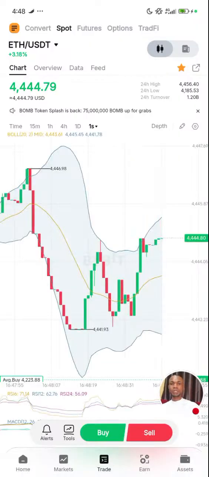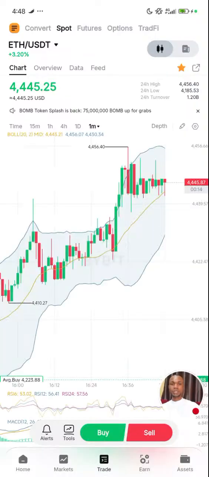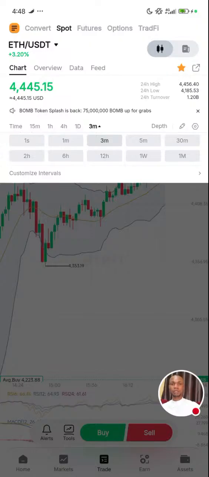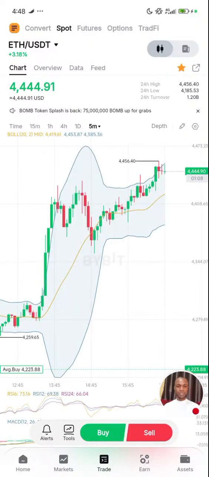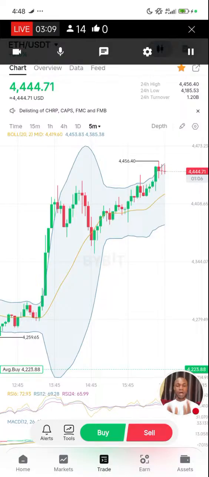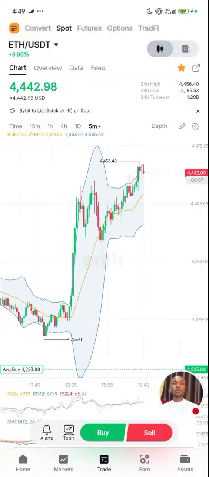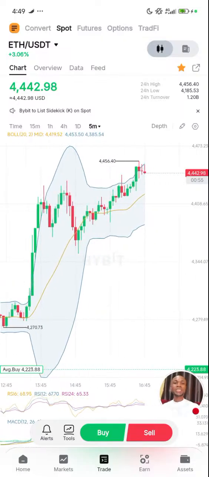This is seconds, this is 1 minute, this is 2 minutes, 3 minutes, this is 5 minutes, and I'm going to be explaining it step by step. This time frame is the place you can use to know how the market movement is going.